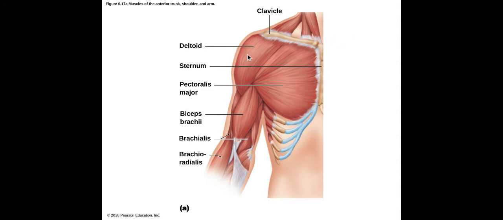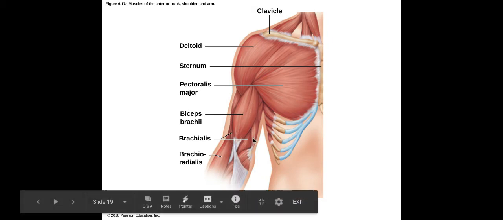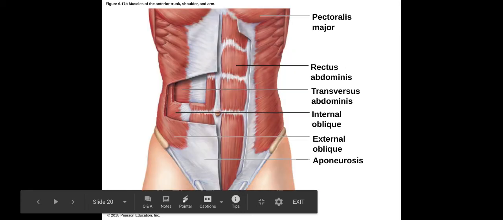The deltoid, that's your shoulder. This is just showing where the sternum is. Pectoralis major is the chest. Biceps brachii. The brachialis is kind of on both sides of that. And then the brachioradialis is here, like in your forearm area.